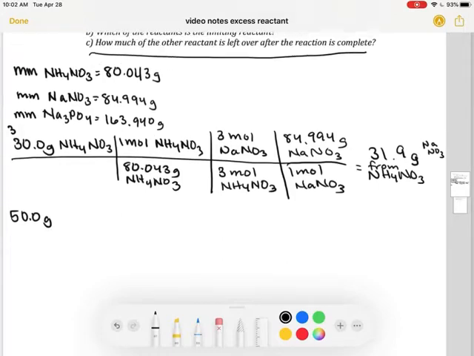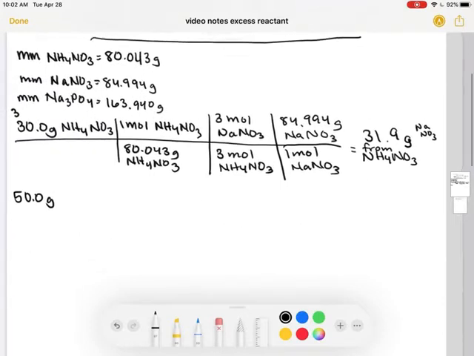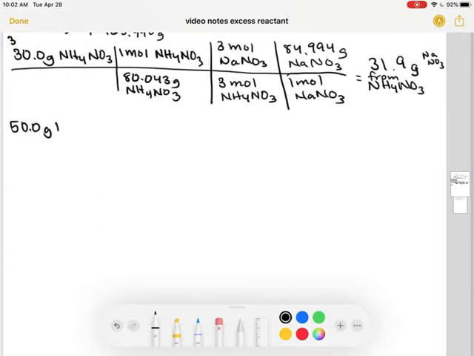All right, so now let's consider how much we can get from the 50 grams of sodium phosphate that we start with. 50 grams of Na3PO4. Okay, we are going to set it up about the same way.